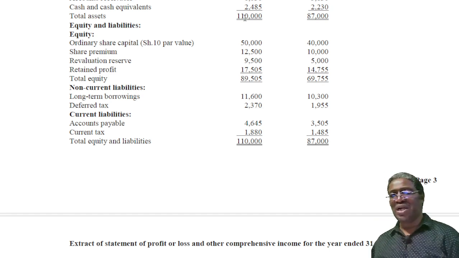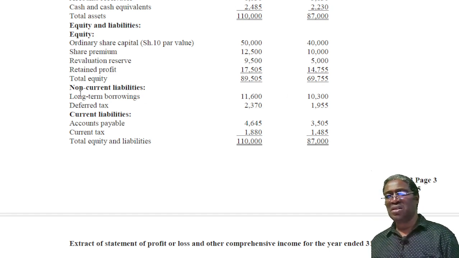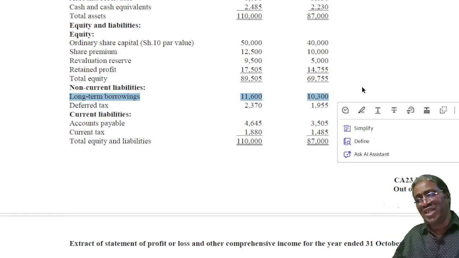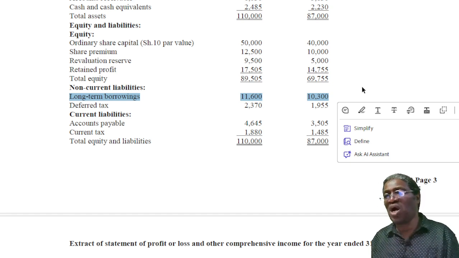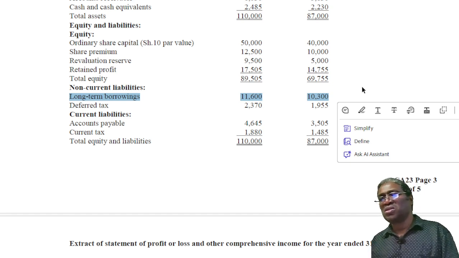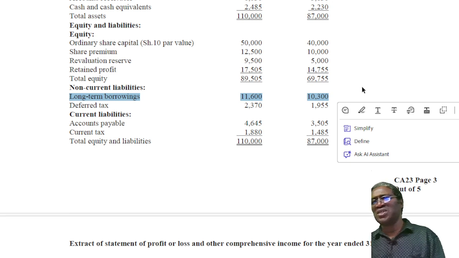Among the non-current liabilities, I can see we have long-term borrowings. Listen, do I need to analyze that account? I don't think so. Why? Because last year the loan was 10,300. This year the loan is 11,600.